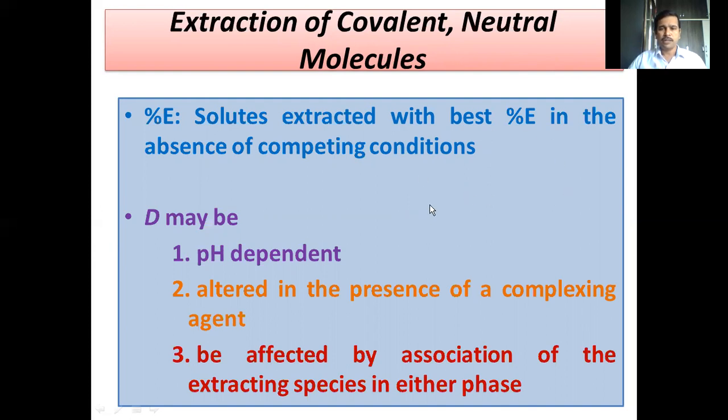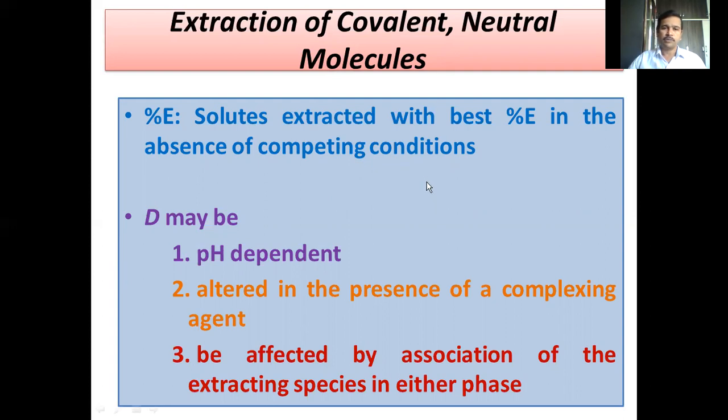As a fundamental understanding, each and every solute will be extracted with better efficiency in the absence of competing experimental conditions. Competing experimental conditions means the analyte should not be influenced by polymerization, complexation or association, and should not be affected with respect to its acidity or basicity.